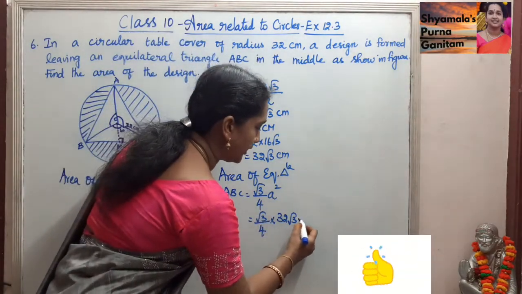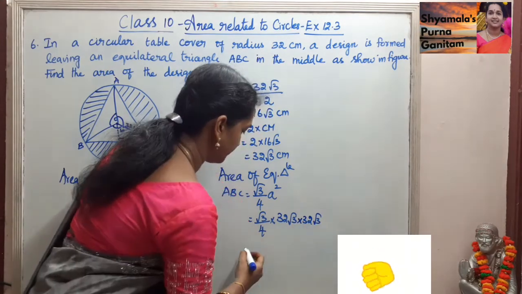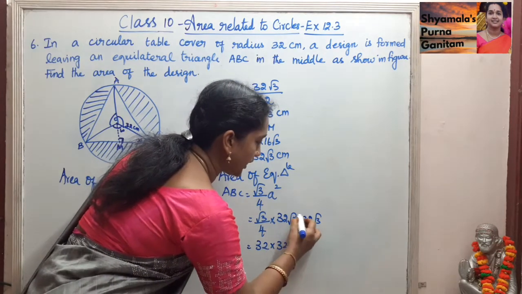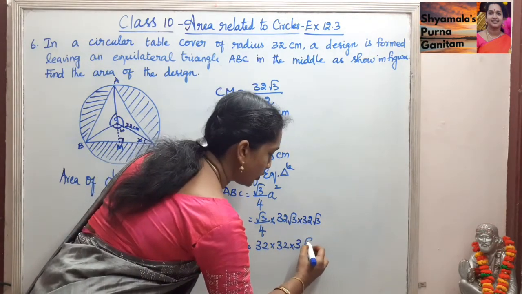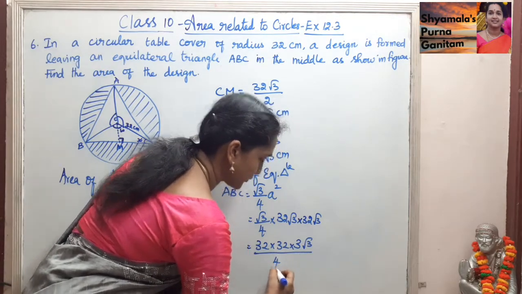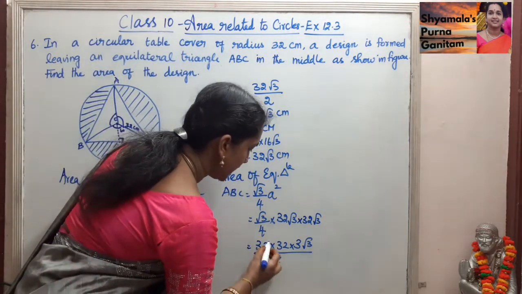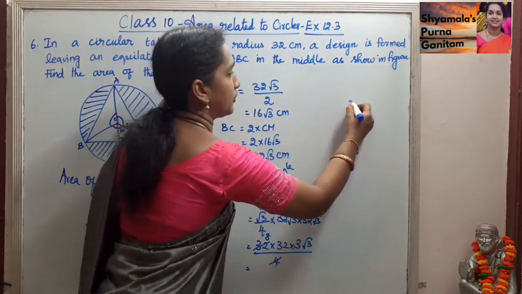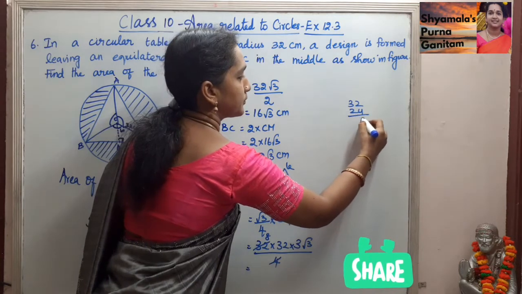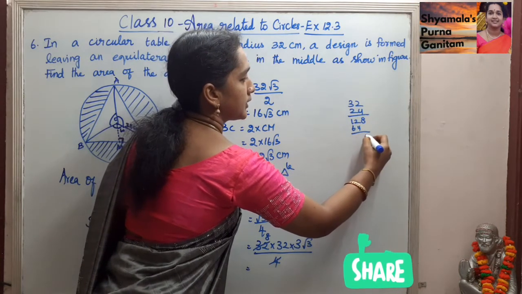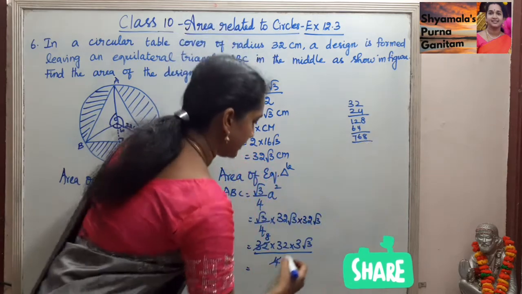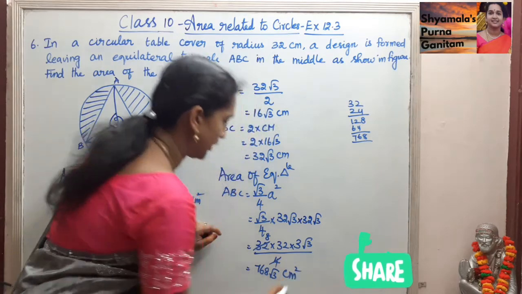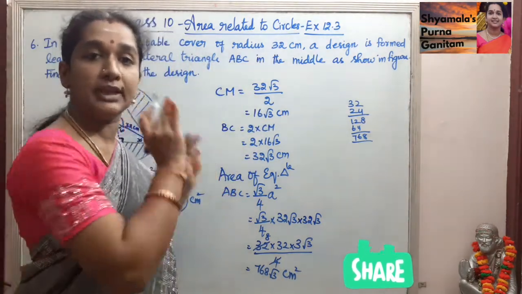So 32 root 3 into 32 root 3 gives 32 into 32 into root 3 into root 3 is 3, and one more root 3 we will get, divided by 4. 4 into 8 is 32, so now we'll multiply all these things. 8 3s are 24, so 32 into 24 will be 768. So 768 root 3 centimeter square is the area of the equilateral triangle.